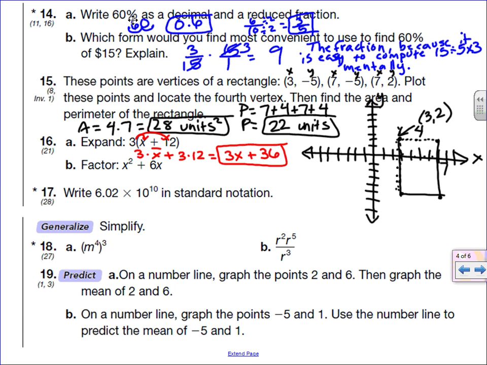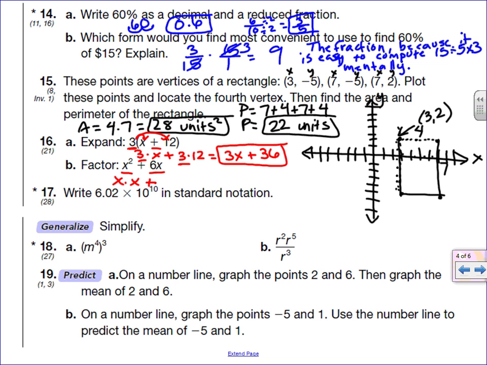Now factor means find a factor in the first term and the second term here that's common. Just like in this, when we expanded it, we had 3 and 3 here. So what can we pull out that's common so that we could get back to this point with a number outside parentheses? Well, since we have x squared, we could write that as x times x.